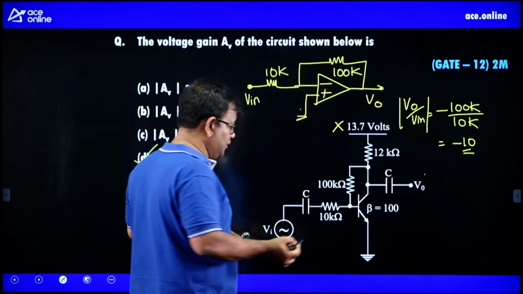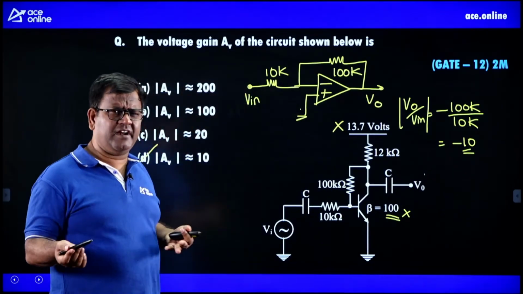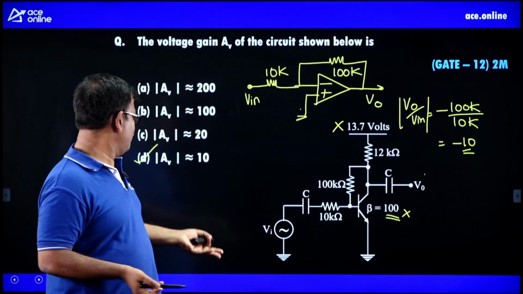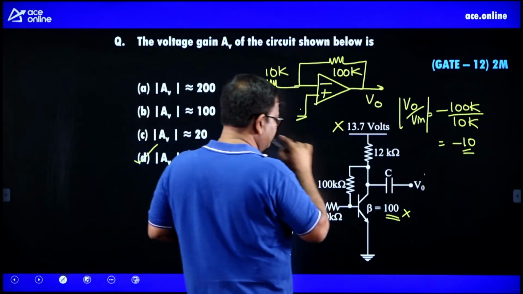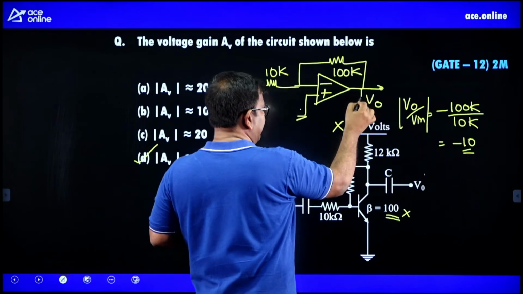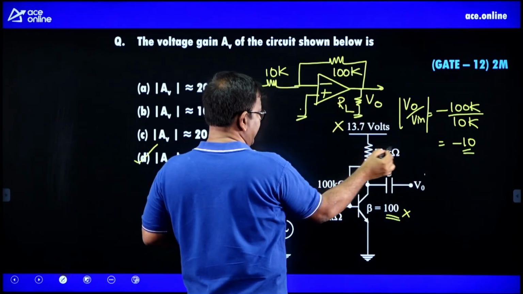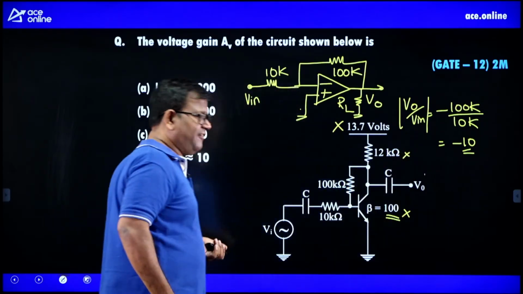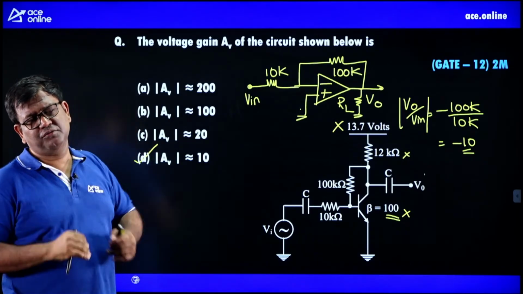No, so this is again unnecessary data. 100, 200, 300, it doesn't matter. Your answer is going to come close to minus 10. And I didn't connect any load here. The load is again unnecessary data. You can take that value also, but your final answer is going to get close to 10.